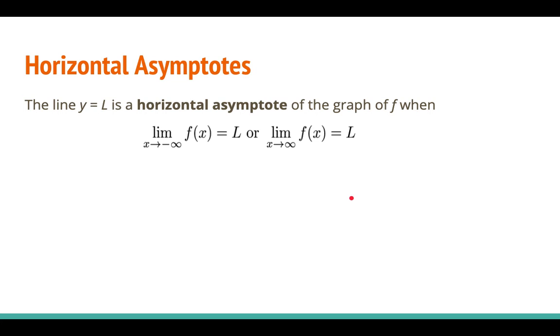Okay, if we do have a limit as a constant, the line y equals L is a horizontal asymptote if either the limit as x approaches infinity is L, or the limit as x approaches negative infinity is L. You notice we say a horizontal asymptote because it's possible to have two different horizontal asymptotes, one for negative infinity and one for positive infinity.